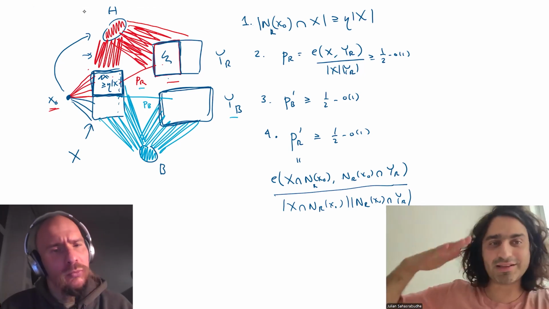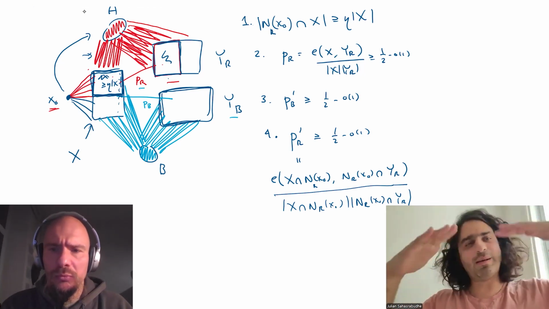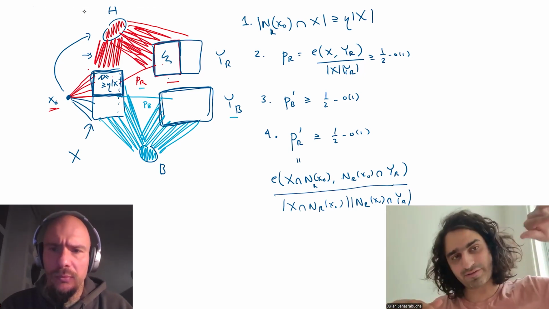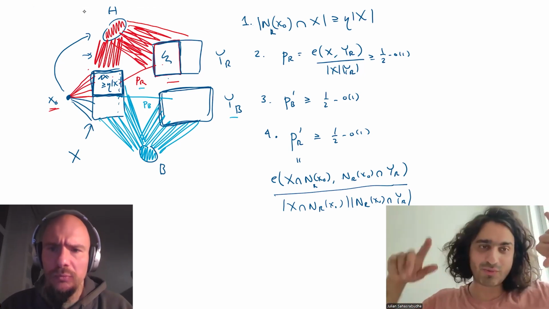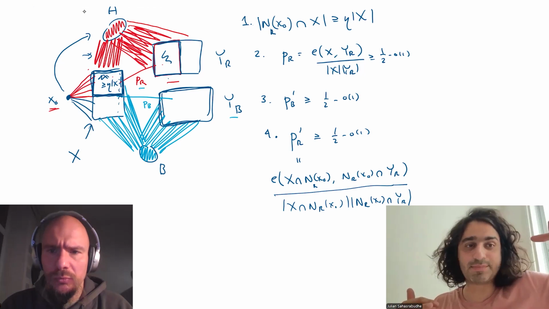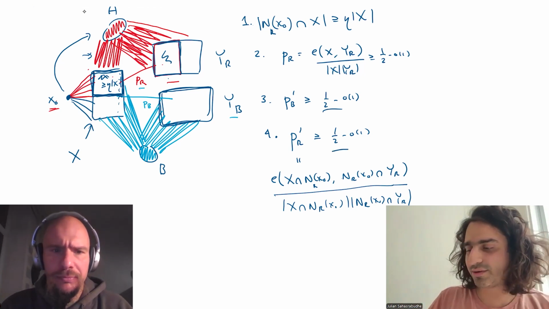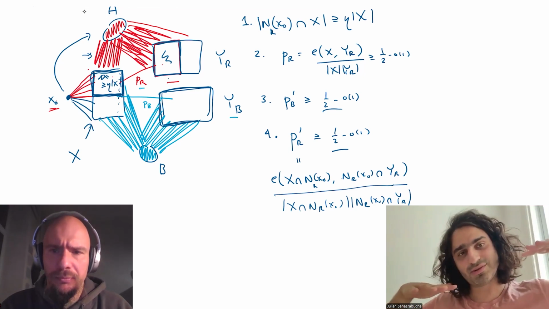So say it's something crazy, even one half plus epsilon red, one half minus epsilon blue for a sizable epsilon. This would actually be a problem because now I don't have this nice balance between these two colors.